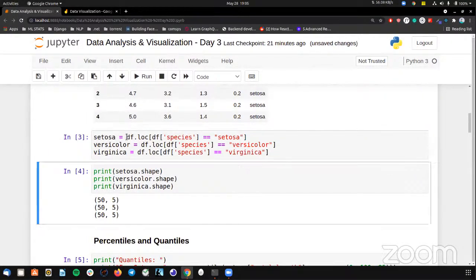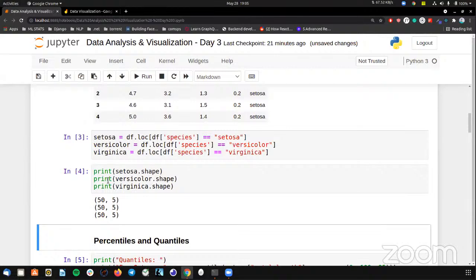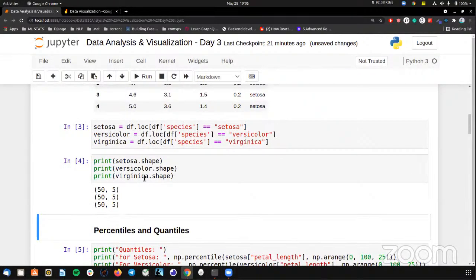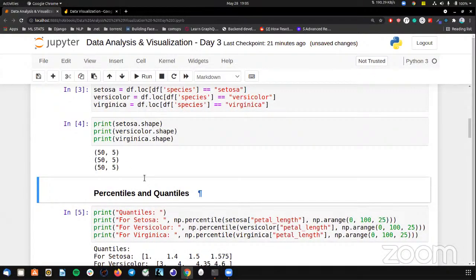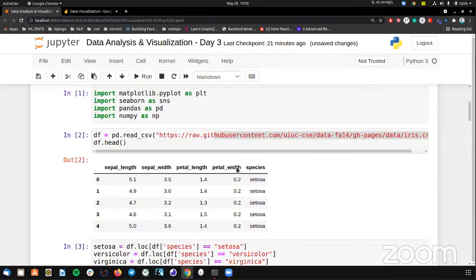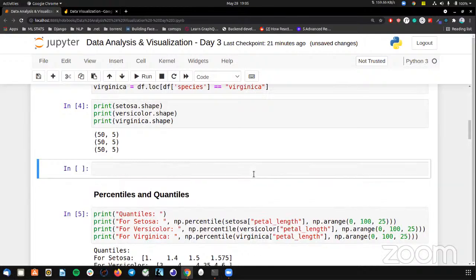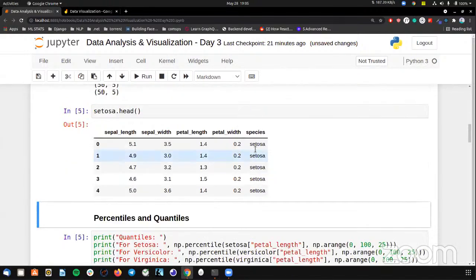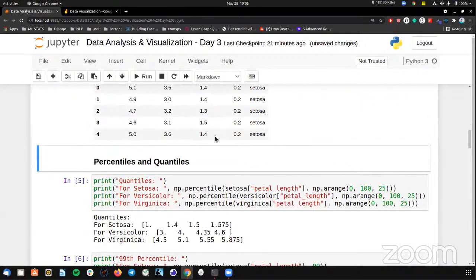The moment I do it, I have Setosa, versicolor, and virginica, each 50 by 5. Why 5? Because of the last column, the species name. If we look at Setosa dot head, you will see that species is Setosa, consisting only of Setosa's features: sepal length, sepal width, petal length, and petal width.